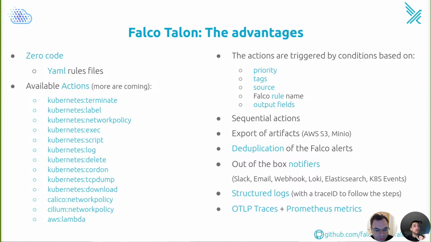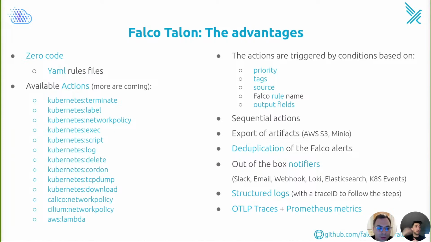And if you are using Calico or Cilium as CNI, you can create a Calico network policy or Cilium network policy, and you can also trigger a Lambda function. The triggers of these actions are based on priority, the tags, the source name, the Falco rule name, the output field. You have fine granularity to be sure to trigger the action only if it's relevant for you.